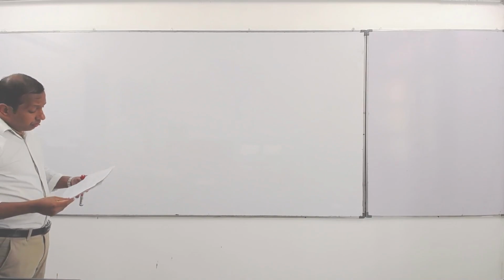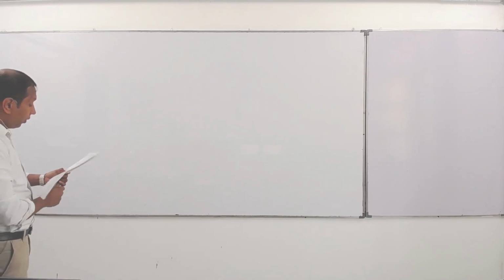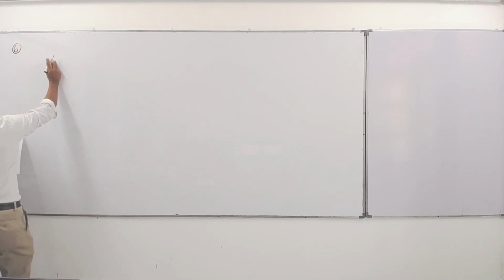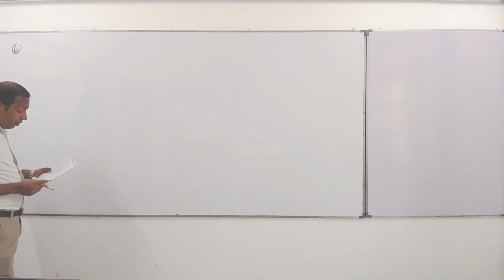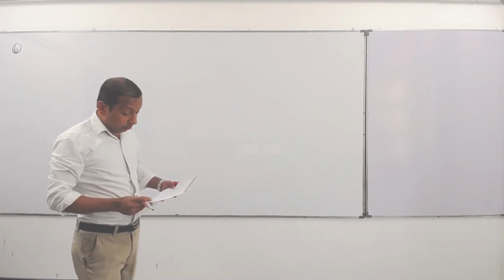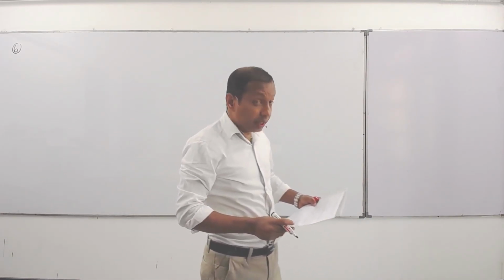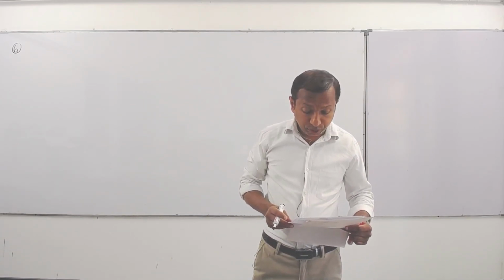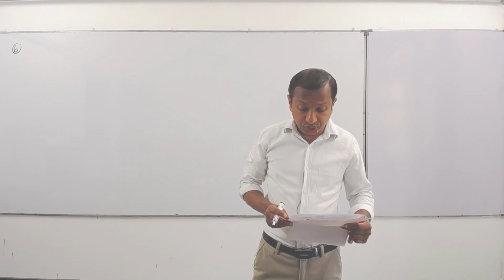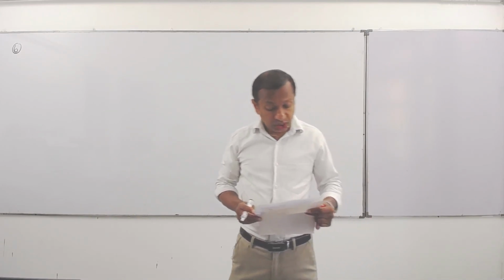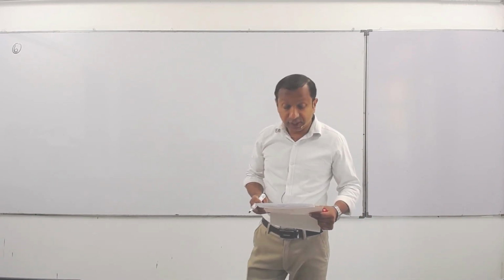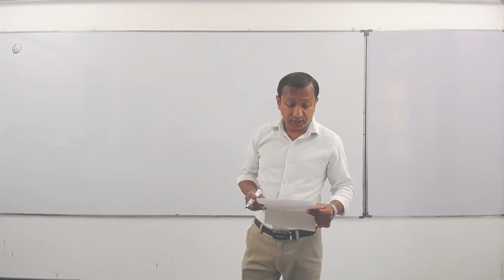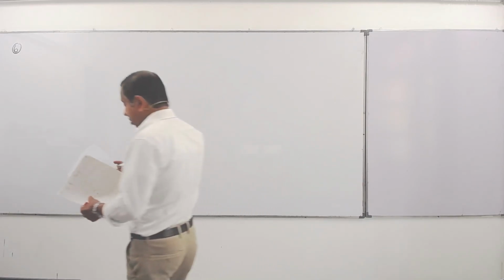Right, number 6 is: two particles P and Q of masses 2m and 3m moving with velocities 3u and 2u towards each other on a smooth horizontal plane collide directly. After the collision, the particles move away from each other and the velocity of Q is u. Show that the coefficient of restitution for the collision is half and find the loss of kinetic energy of the particle P due to collision. Yeah, we'll come to that.